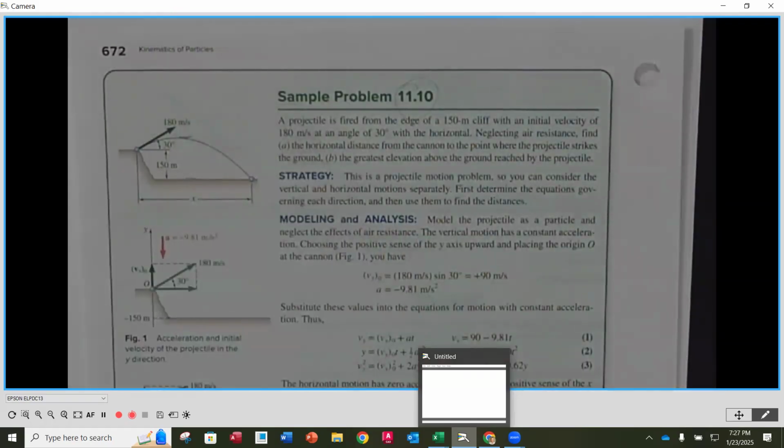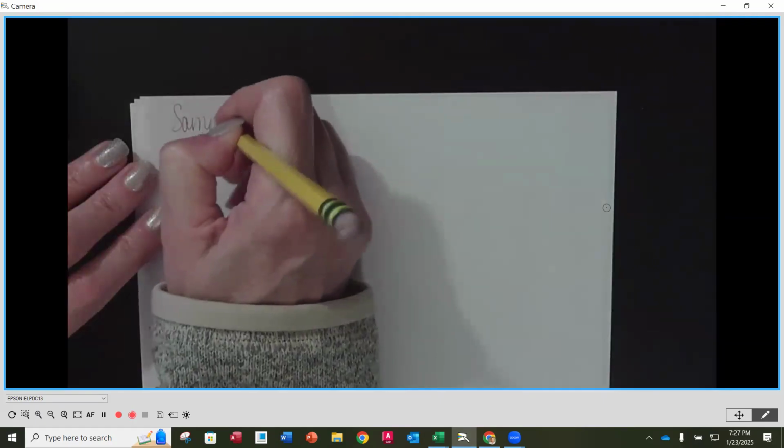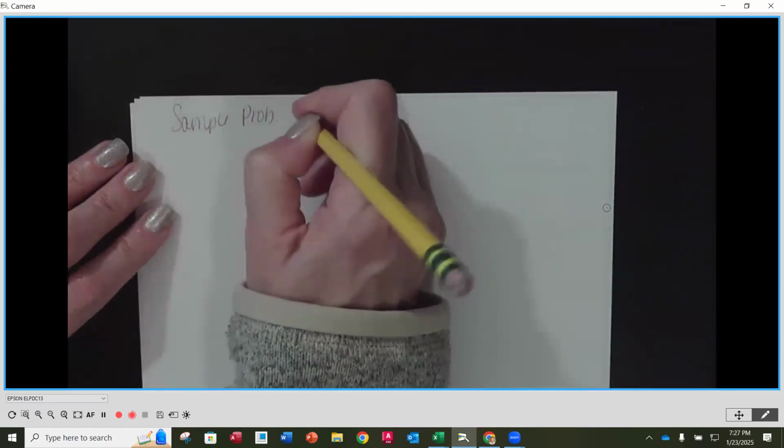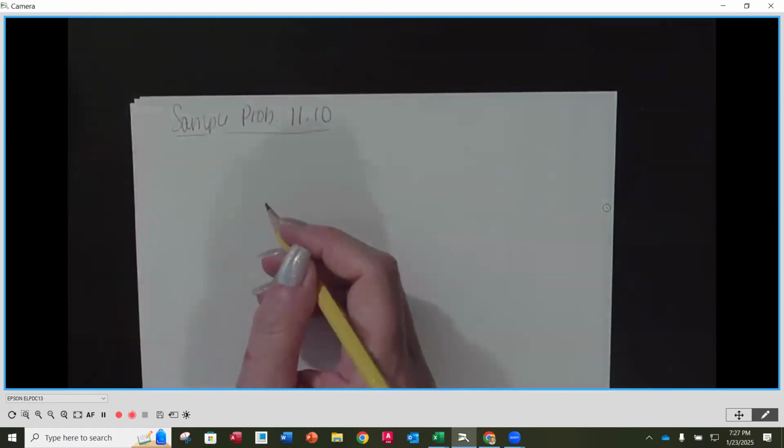Okay. So what we want to do is get started here and identify what we're given, identify the variables that we have, and then what we want to find. So this is going to be sample problem 1110. Okay, again, it's on page 672.